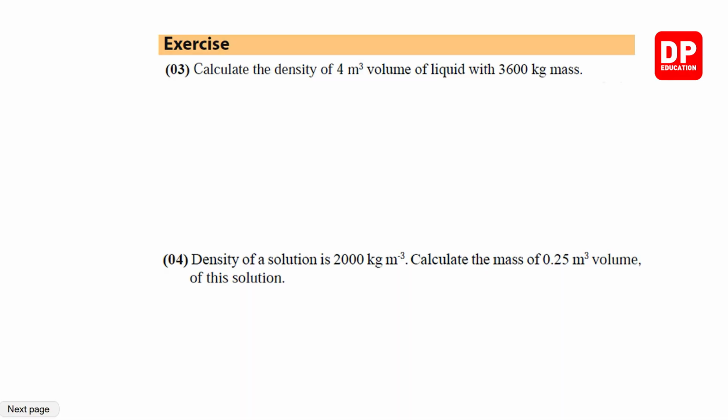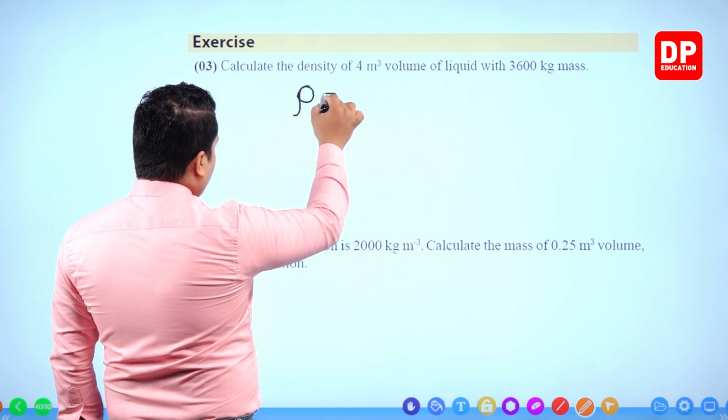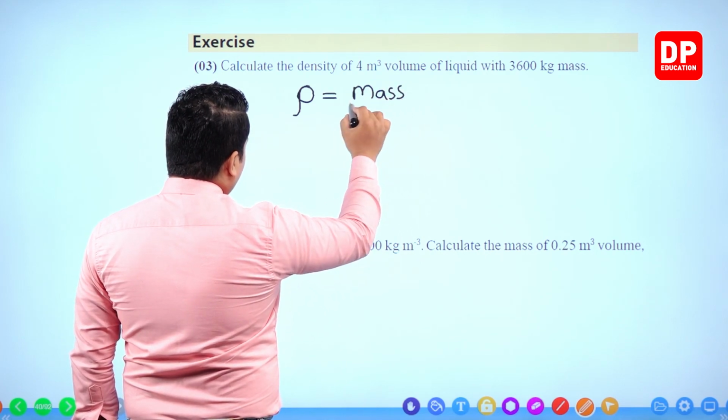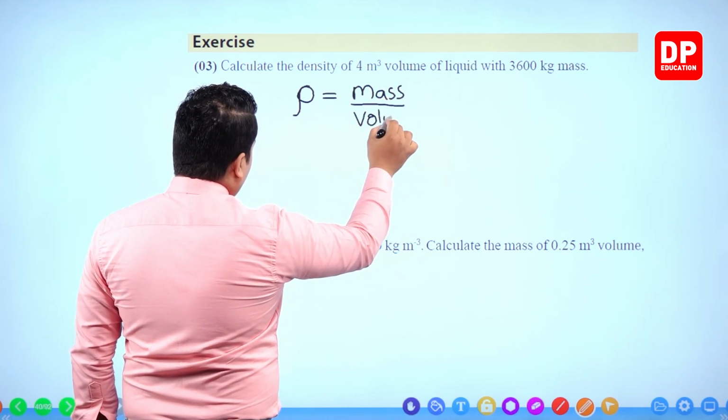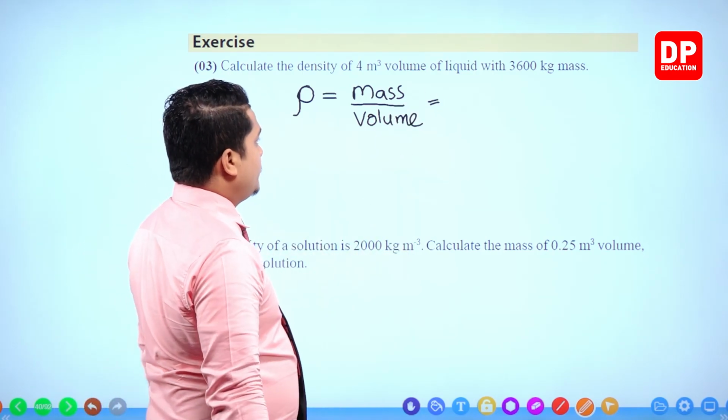Calculate the density of 4 cubic meters of volume of liquid with 3600 kilograms mass. Very simple, my dear children. You know that density is equal to mass over volume, right? Density is equal to mass over volume, rho equal to m over v.